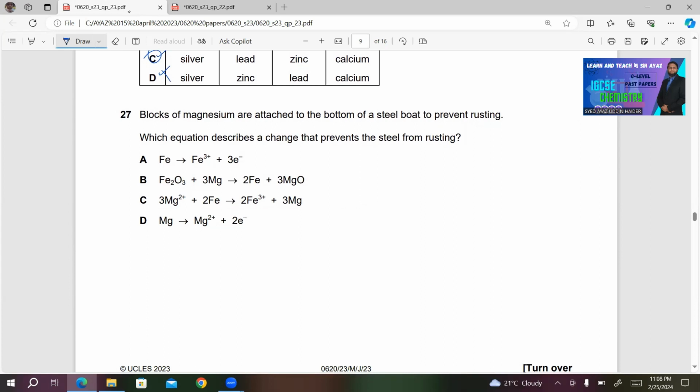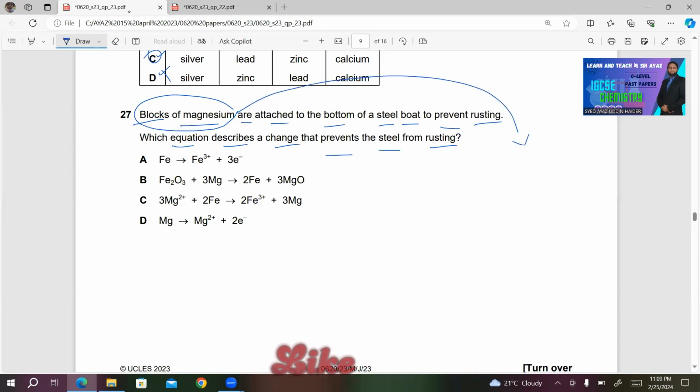Number 27. Blocks of magnesium are attached to the bottom of a steel boat to prevent rusting. Which equation describes a change that prevents the steel from rusting? So we have placed the blocks of magnesium. This is used in case of sacrificial protection.